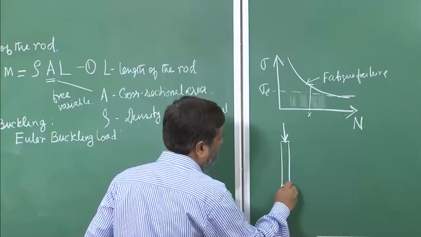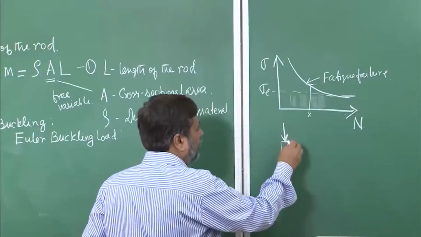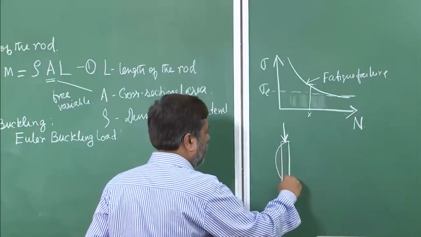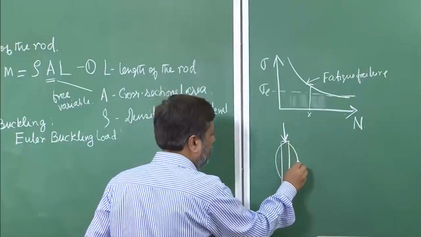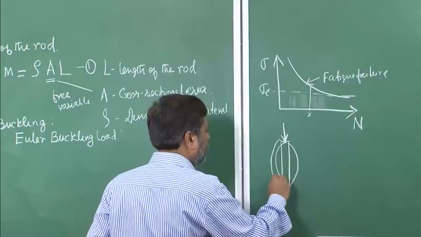Whatever the boundary condition, it could be pinned, and it deflects either this way or this way. That is the first buckling mode.